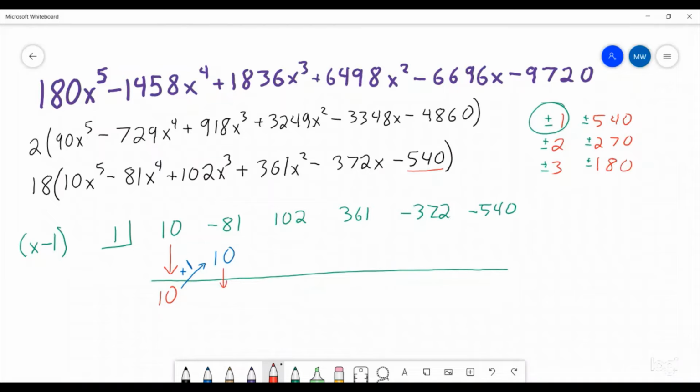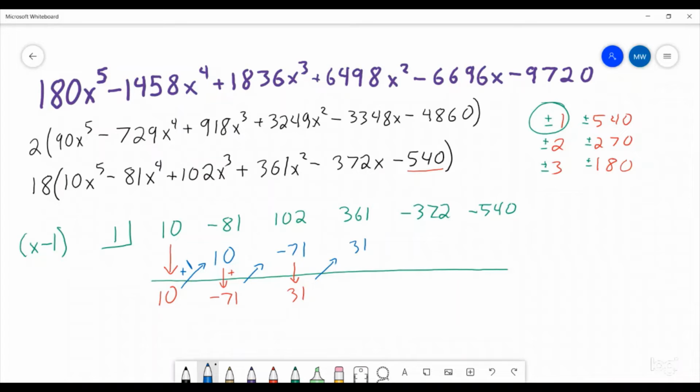So when we move these down, we add those. So negative 81 plus 10 is a minus 71, multiplied by 1 is still minus 71. But then when we move them down and add, 102 minus 71, that's 31. Let's see, moving that up here, we get just 31 there.